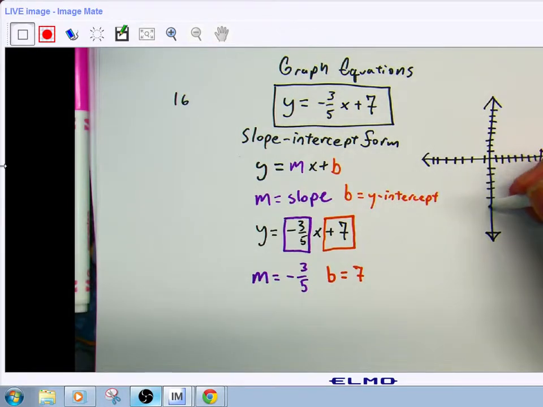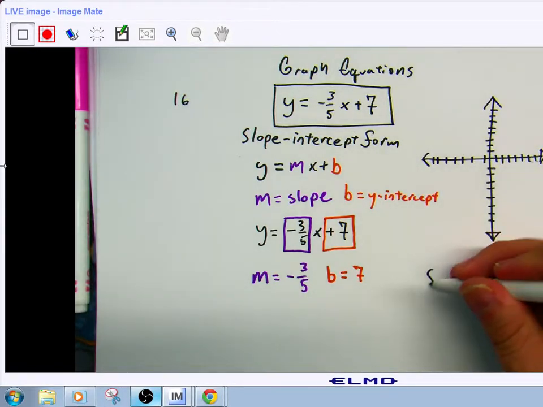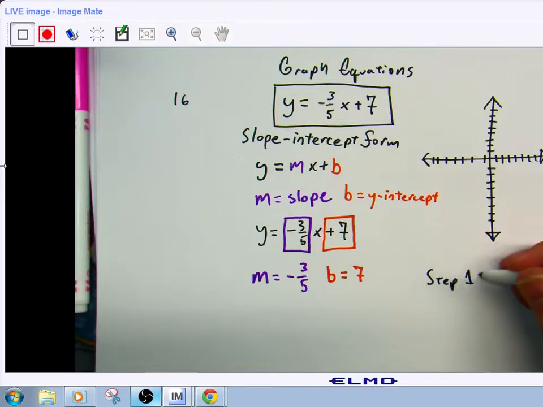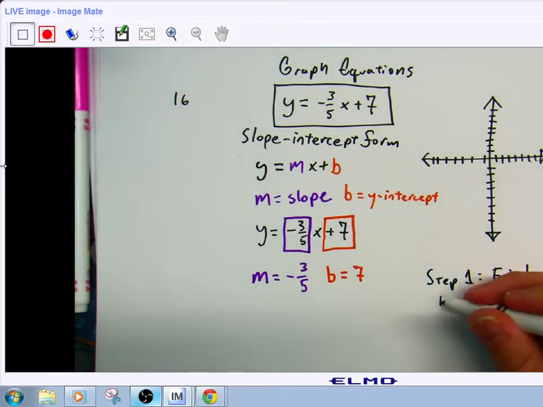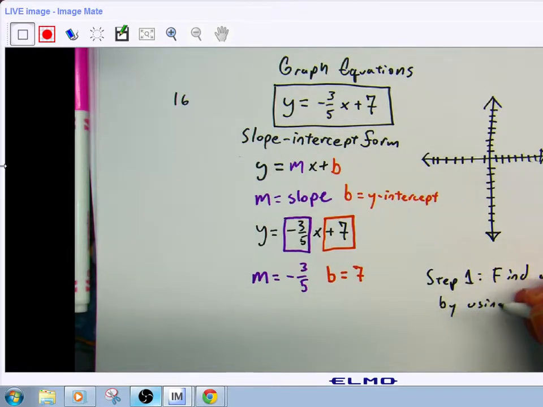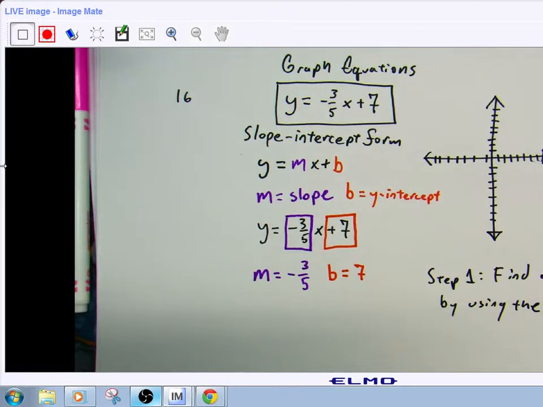And the way that I find my first point, step one, find a point. And the way that I'm going to find the point is I'm going to use the y-intercept. Okay, I'm going to use the y-intercept.